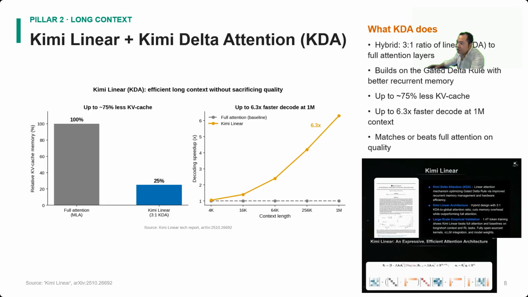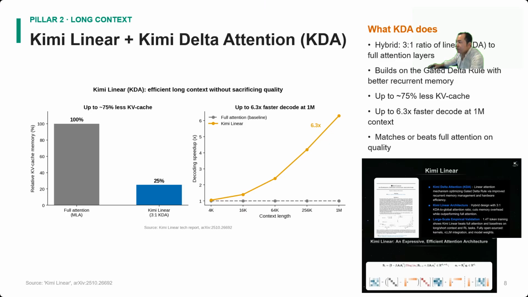The answer to solve this kind of issue is Kimi Linear, which is built on Kimi Delta Attention, or we can call it KDA, a linear attention mechanism that extends the gated delta rule with smarter recurrent memory management and hardware efficiency. The clever design choice is that it is a hybrid approach, not just a simple wholesale replacement.